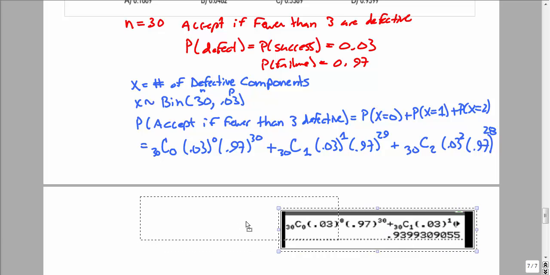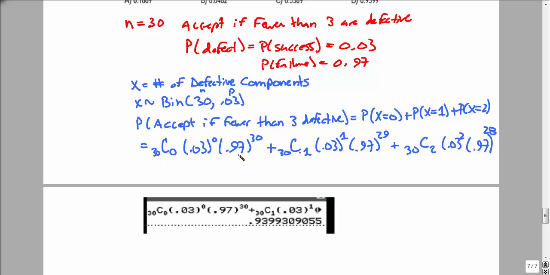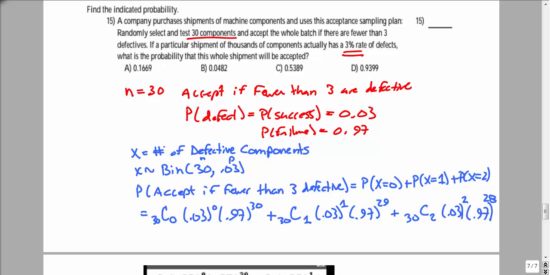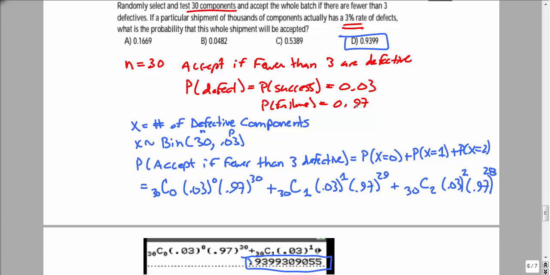If I put in this whole row, whoops, it looks like I need a parenthesis here. I don't have anything wrong, I just want to close that parenthesis. It looks like our solution here is 0.9399. If we come up and look at here, I can see that that's letter D. So that's one way to do this problem.